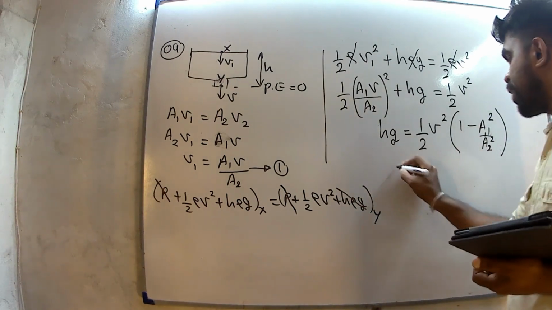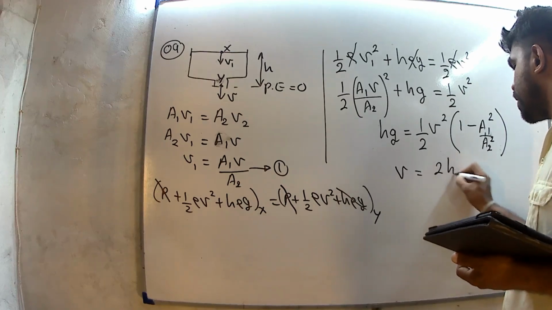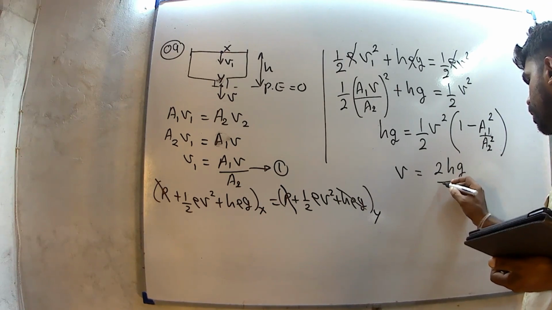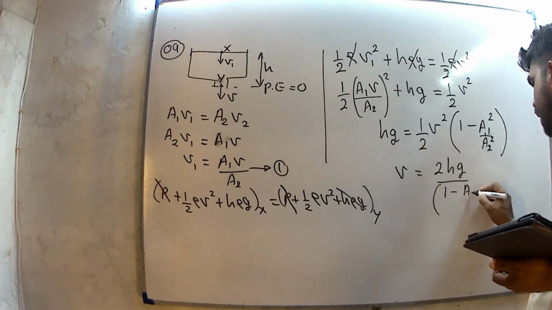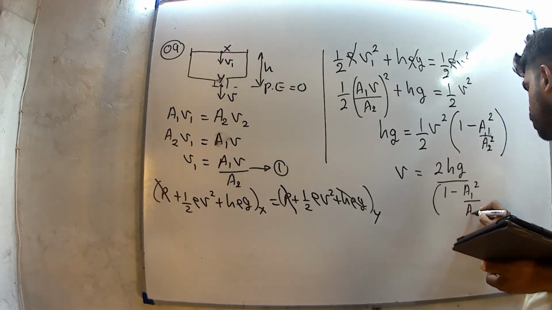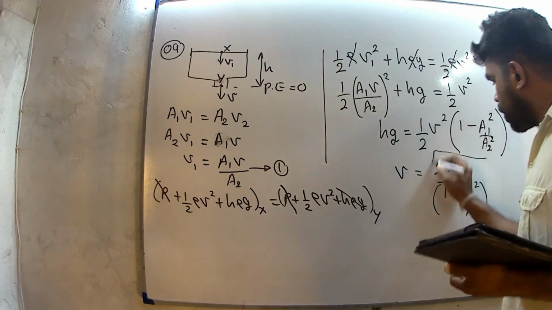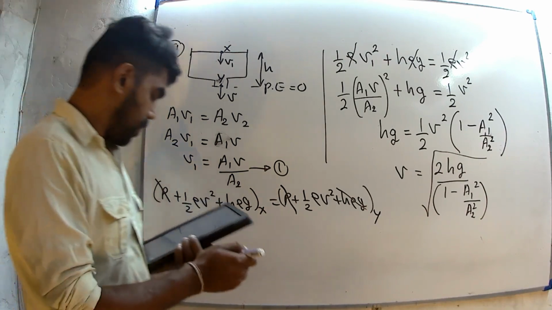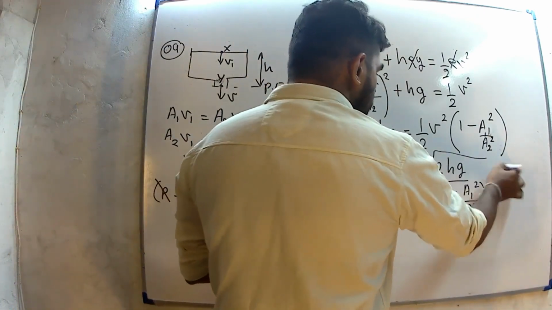Now we can make V the subject: V equals the square root of 2hG divided by 1 minus A1 squared over A2 squared. Then the first answer is the correct answer for question number 9.